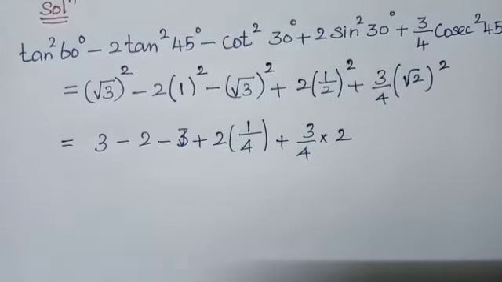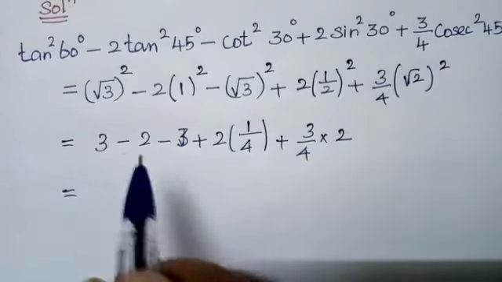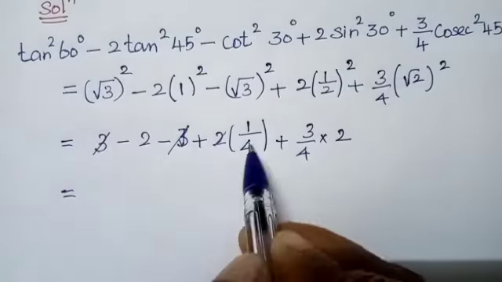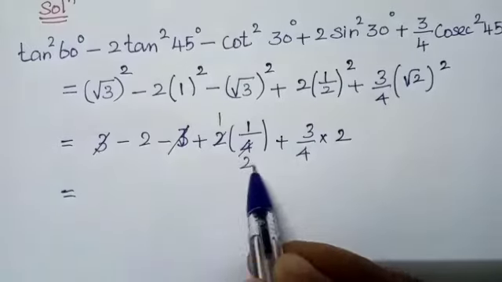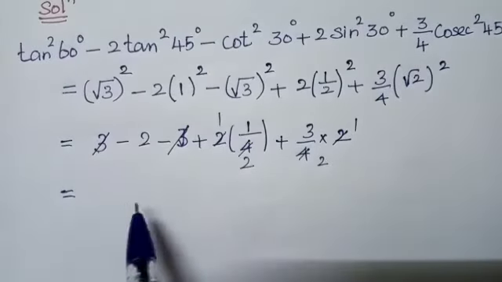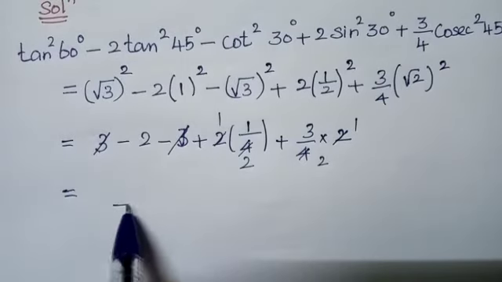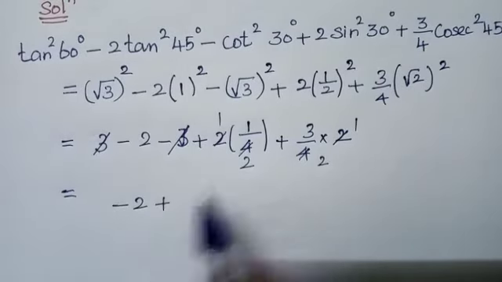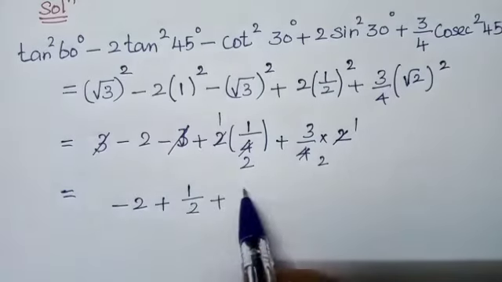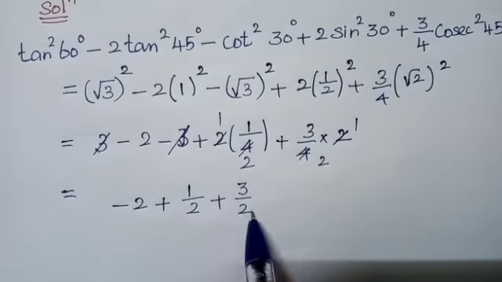Equal to, we can cancel plus 3 and minus 3. Cancel 2 and 4, here 1 time, here 2 times. Again cancel 2 and 4, here 2 times. What is remaining now? Minus 2 plus 1 by 2 plus 3 into 1 is 3 divided by 2.